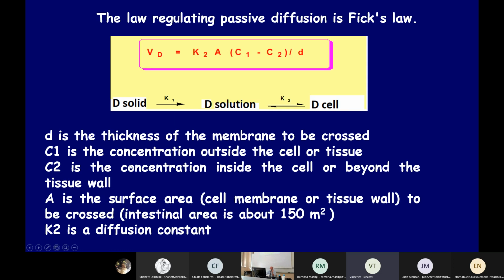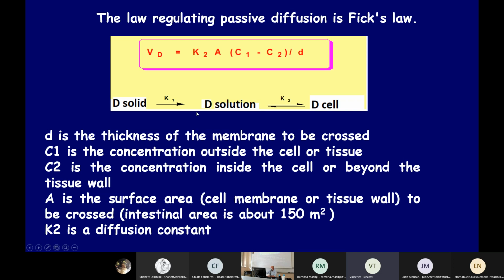D is the thickness of the membrane to be crossed. Because skin, you know, the thickness is very high. It's a very high value. We have to defend our body from outside, inside, and so on. The thickness of the alveolar in the lung is very small.